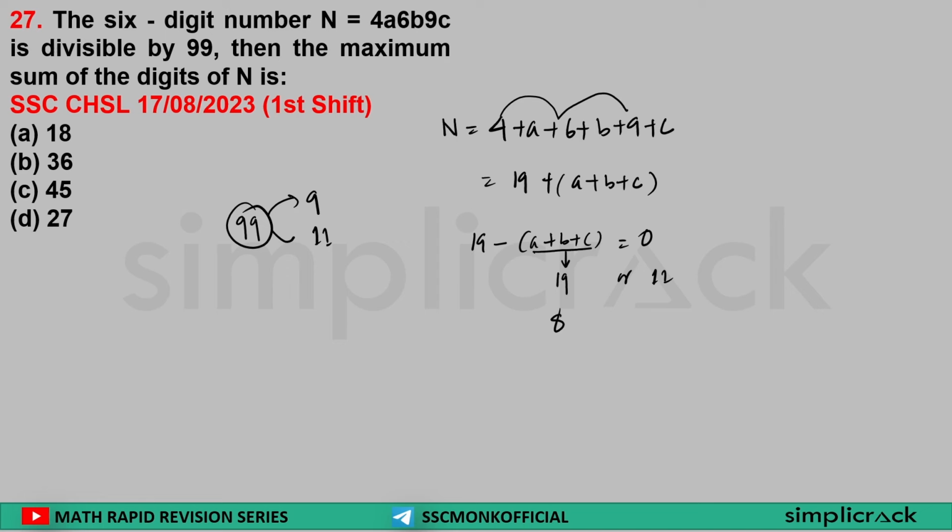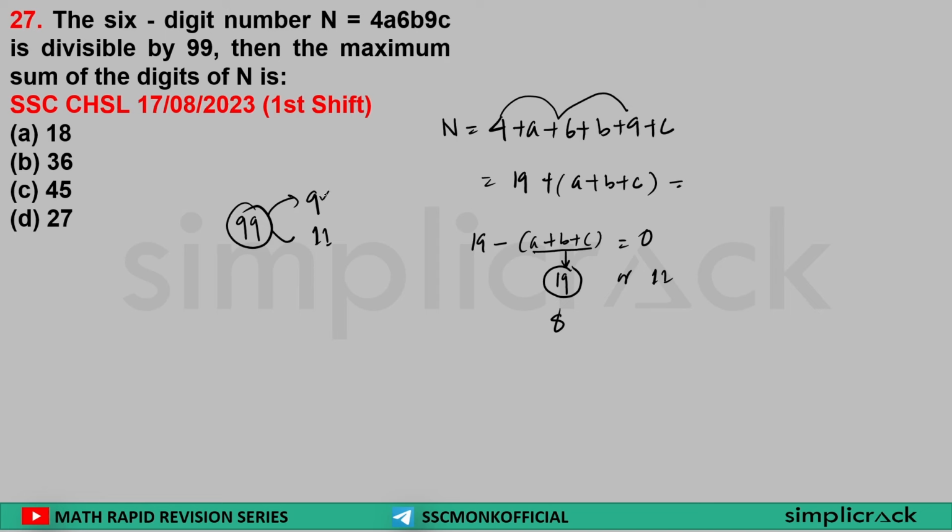Now remember this. This is for 11. For 9, all these numbers' addition should get me something that is a multiple of 9. Now understand, if a plus b plus c is 19, then 19 plus 19 is 38. Is it divisible by 9? No, sir. Sir, if I take the sum of a plus b plus c is equal to 8, then 19 plus 8 is equal to 27.